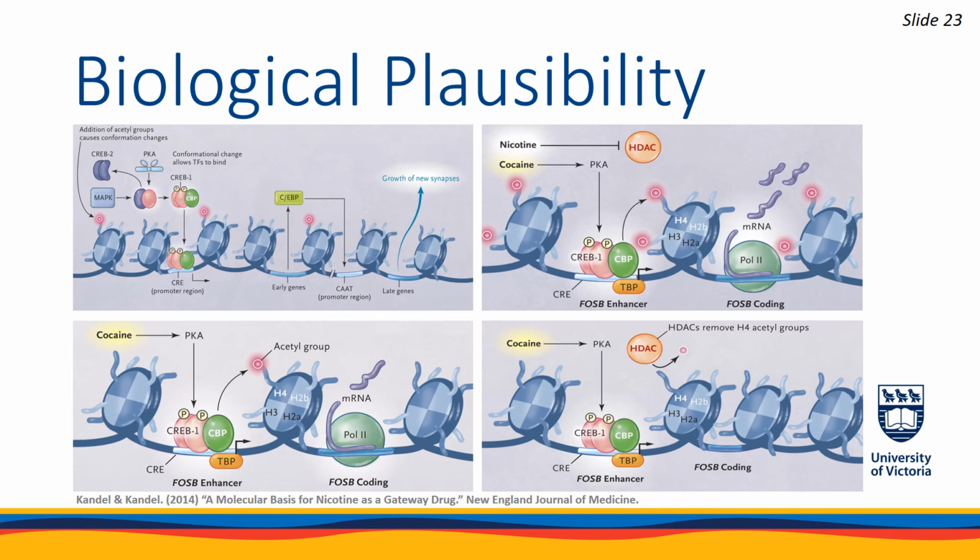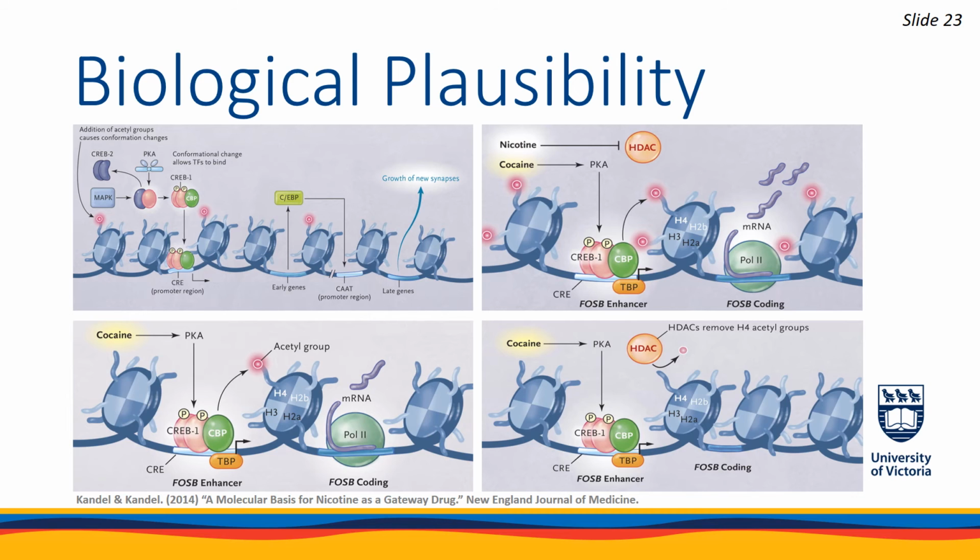So for instance, with smoking and the gateway effect, you've probably heard of gateway drug theory. The basic theory behind the gateway is that something about smoking or drinking as a gateway drug primes or prepares for more severe drugs such as cocaine to be used.